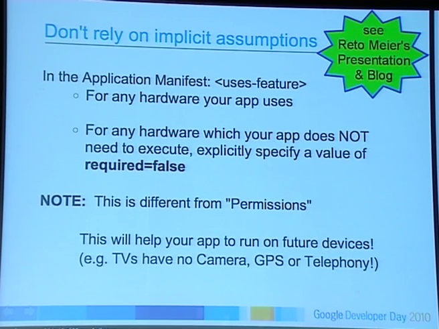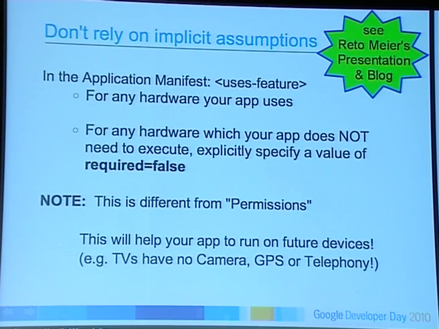And note, this is different from permissions, because the very simple reason you can specify that you, for example, want the, say, camera permission, but you do not necessarily require the hardware. So that if a device has a camera, you can use it, you have the permissions from the install, but your application can also execute on a device which does not have any camera at all, which, for example, in the future will be Google TV.